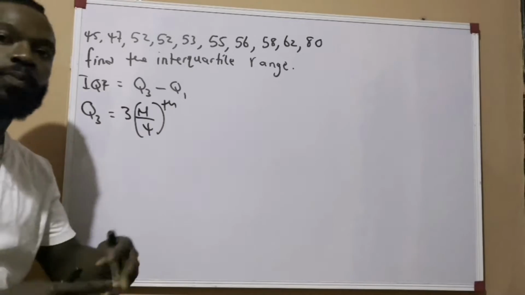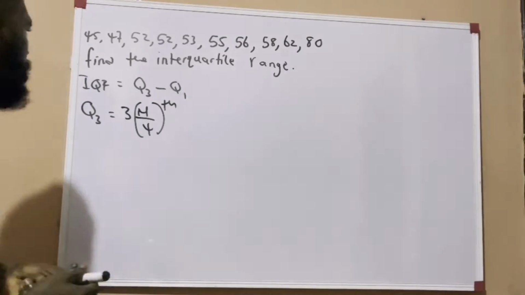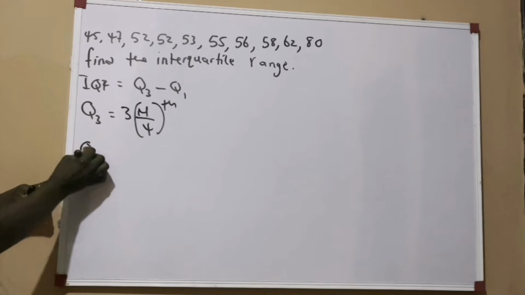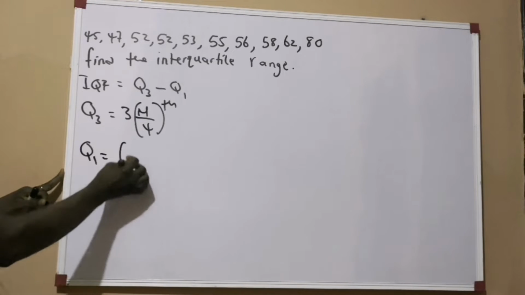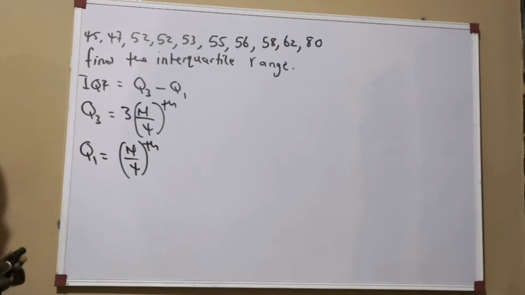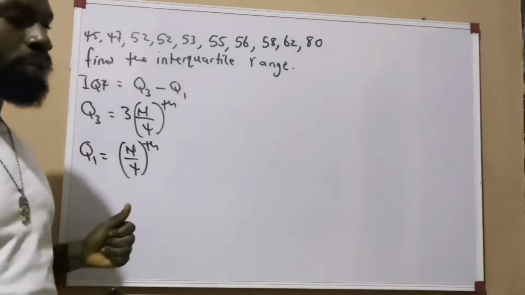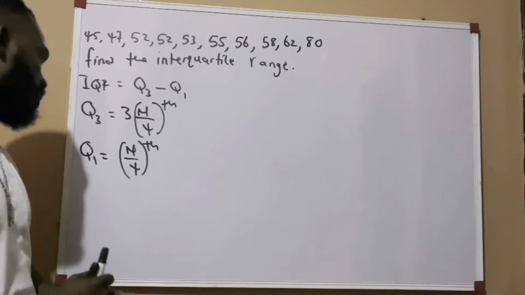Here th shows the position of the third quartile. Q1 also has its own formula, which is just n over 4 raised to the power of th. Mind you, this formula is applied when the total number of data is even.